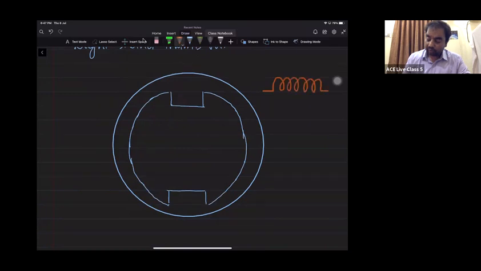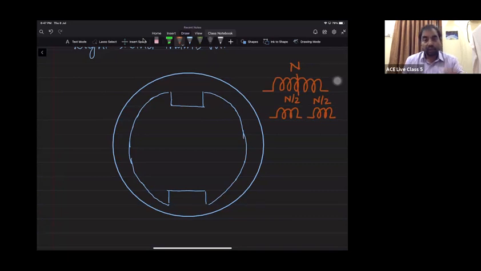Since there are two poles, I'll split that coil into two parts. This is one part and this is one part. How many turns per part? N by 2, N by 2.